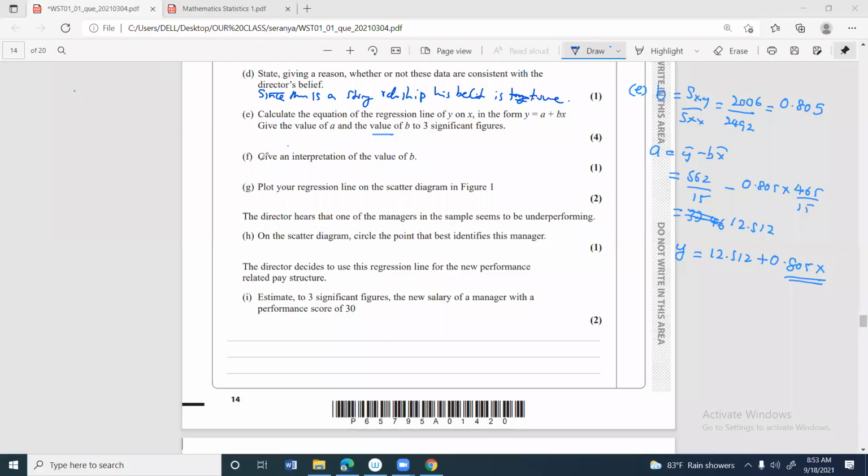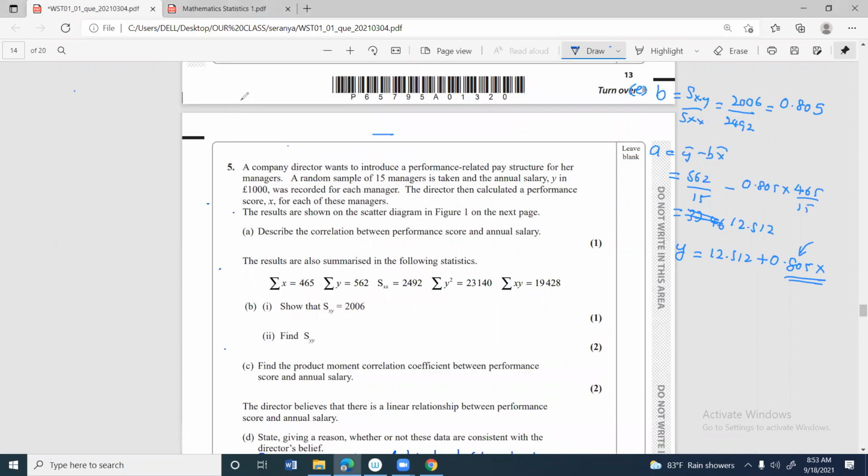Okay, right. Then give an interpretation of the value of b. Value of b means this bit. That means if the x factor is increased by 1 unit, what is the influence on y? That is what you mean by the gradient. In this question, they mention x is the annual salary in 1,000 pounds, and y is the performance of the person.